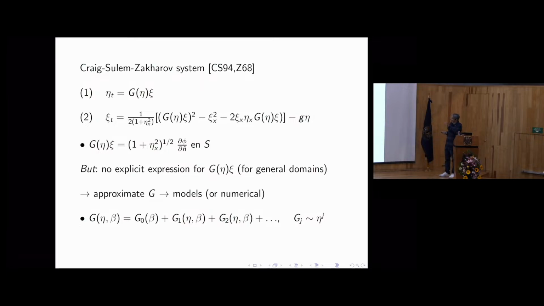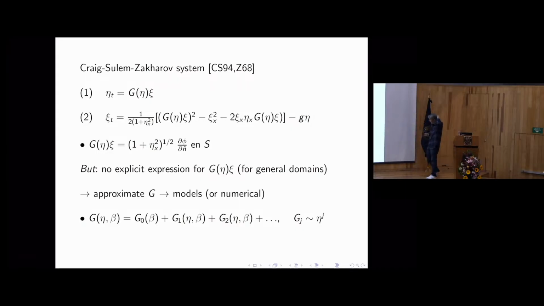Zakharov's role will be seen later, but it's not, however, explicit. It looks like an explicit equation, but there appears an object that is, in fact, the normal derivative of this harmonic function at the surface, times some factor that's explicit as a function of the Dirichlet boundary condition and the shape of the water domain, which changes in time.